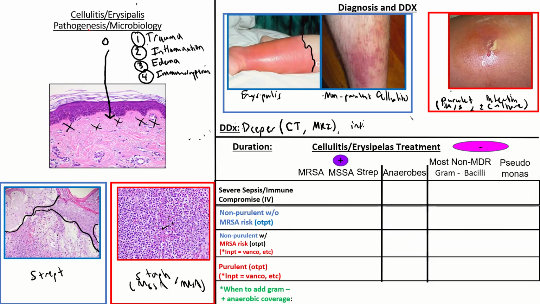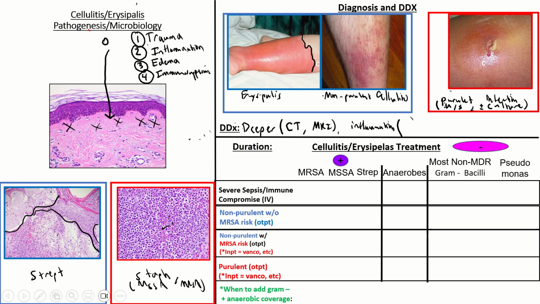Next, other causes of inflammation can look like cellulitis. One of the most common things on the differential that is mistaken for cellulitis is stasis dermatitis. So someone with venous insufficiency in the legs getting stasis dermatitis and subsequently getting diagnosed with cellulitis. Things that might clue you in that it's stasis dermatitis: one, the patient doesn't have signs and symptoms of inflammation, no leukocytosis, no fevers, no severe pain in that area.